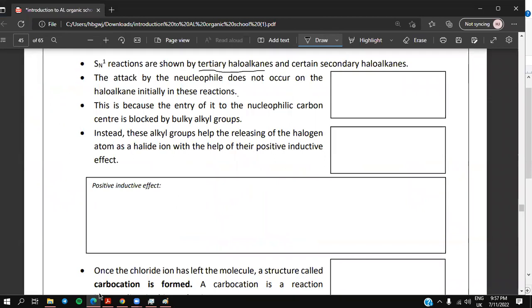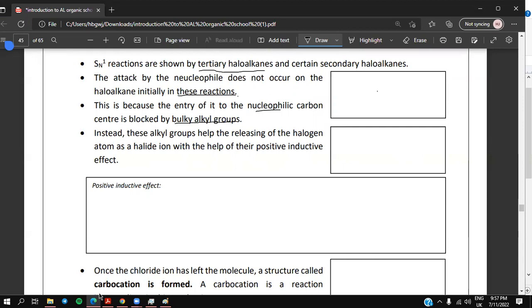We read this earlier as well, and certain secondary haloalkanes. The attack by the nucleophile does not occur on the haloalkane initially in these reactions. This is because the entry of it to the nucleophilic carbon center is blocked by bulky alkyl groups.